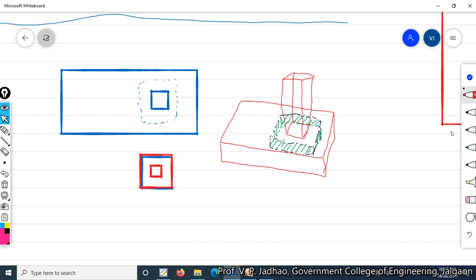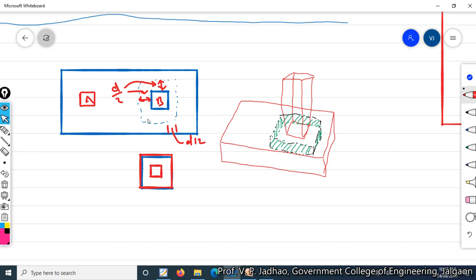So if we consider that this is our column B and we have some column A here, the punching shear for this particular column B will be acting on this area. This particular distance will be small d by 2, again on this side it will be small d by 2, and on this side again small d by 2.